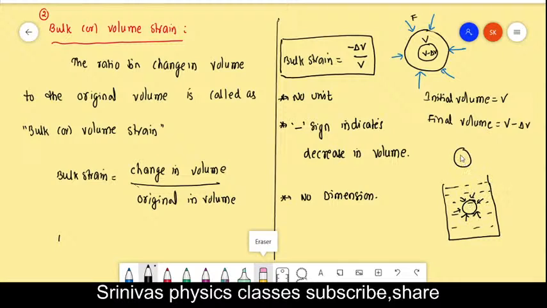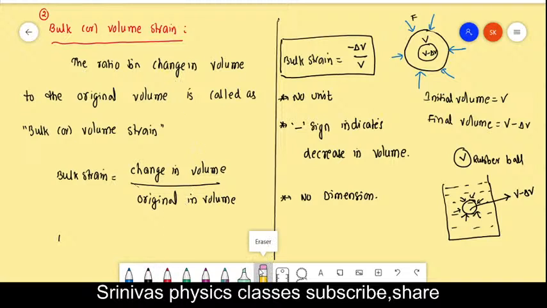Its initial volume is V, but after we immerse this rubber ball in the water, due to the water pressure, its volume is decreased. The final volume is V minus delta V. This type of change in volume occurs due to hydraulic pressure or hydraulic stress. This type of strain is called the bulk or volume strain.